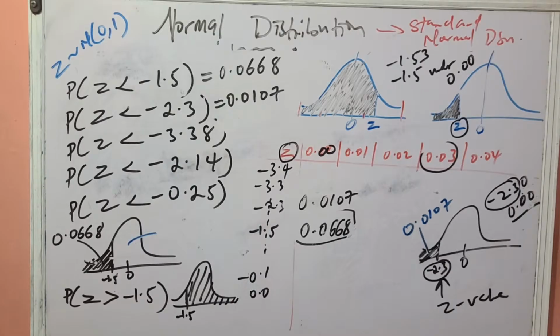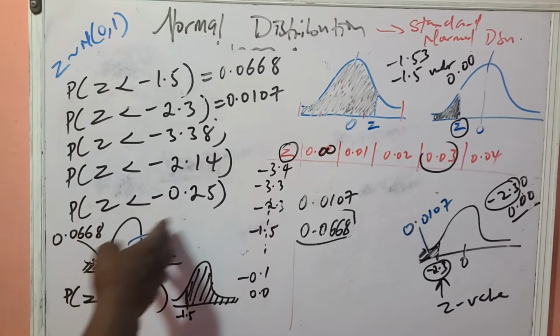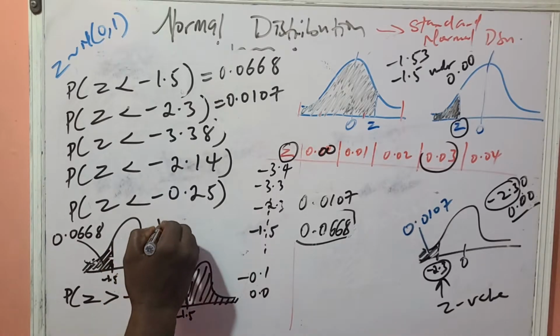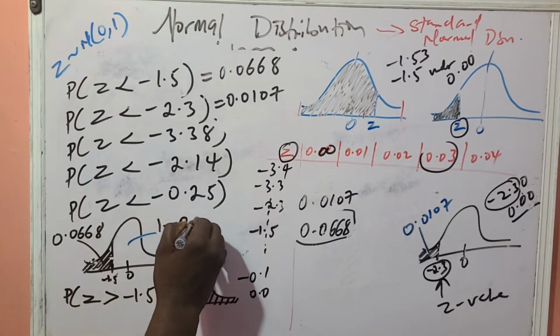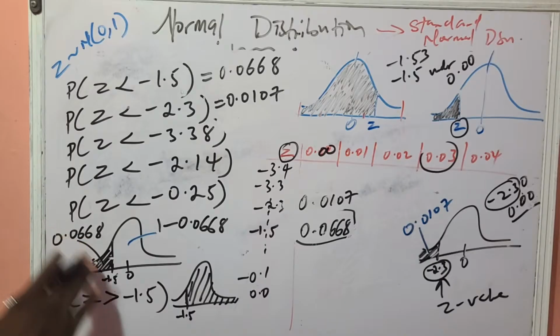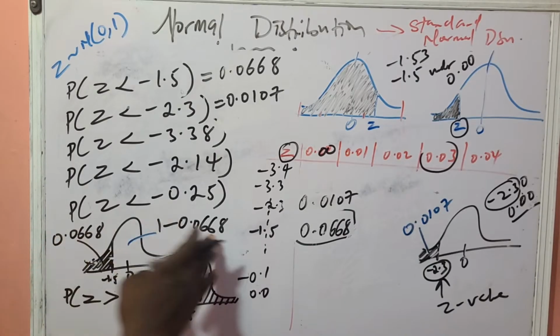The whole area under the curve is 1. This place that we have shaded is 0.0668. What's going to be the other area we have not shaded? If the whole area is 1, of course, it's going to be 1 minus 0.0668, because if this place we have shaded is 0.0668, that means the other part will be 1 minus that.